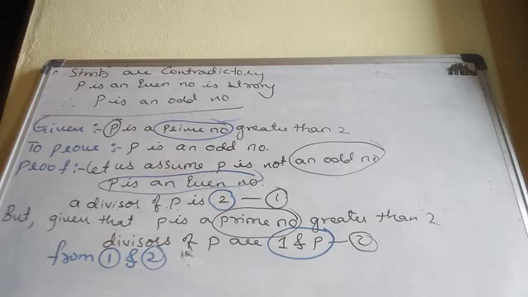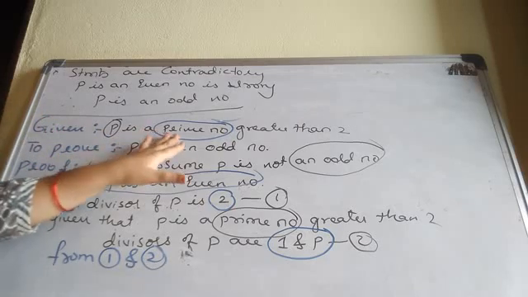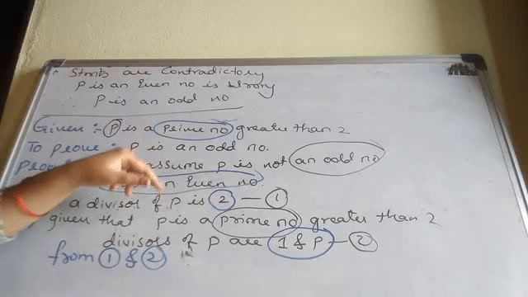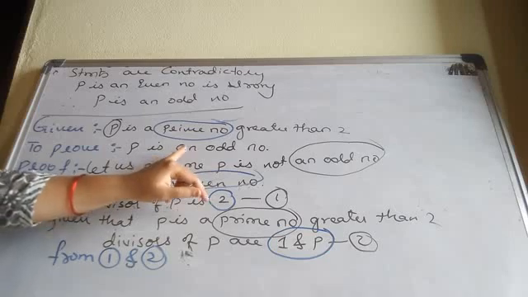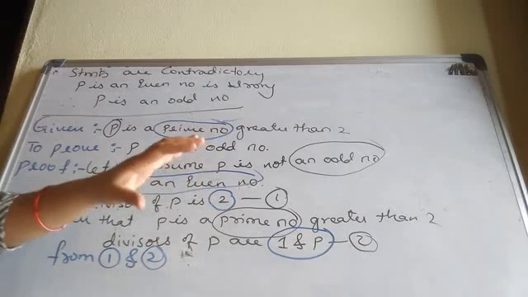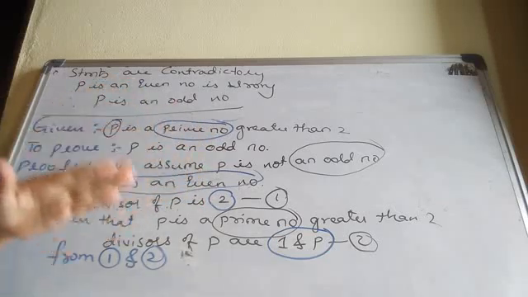Okay? Again, I am explaining. Statement 1: it is a conditional statement. If P is a prime number greater than 2, then it is odd. Given I wrote: P is a prime number greater than 2. To prove what? P is an odd number. That means it should start from 3, 5, 7.